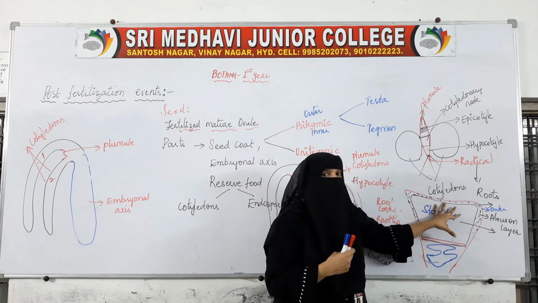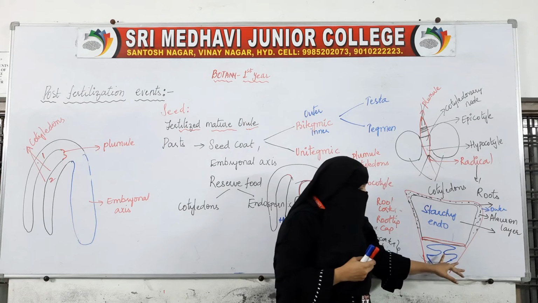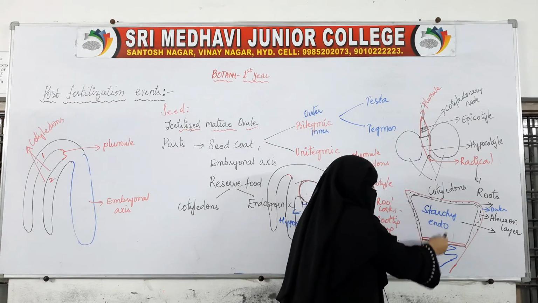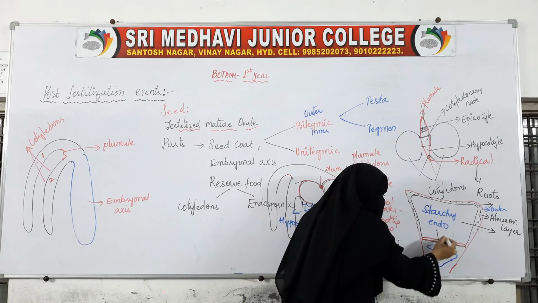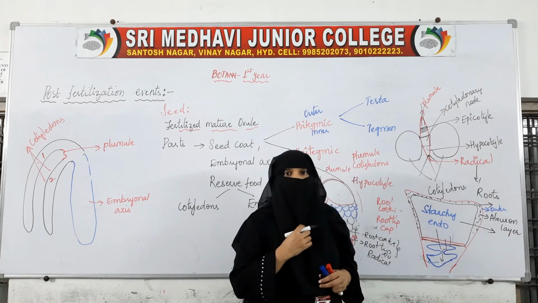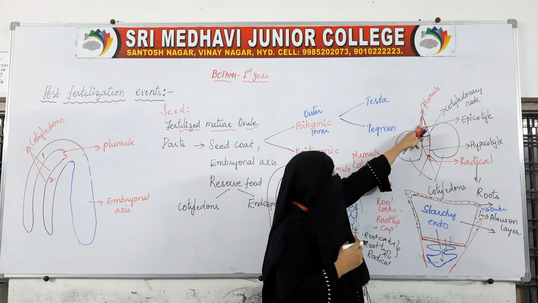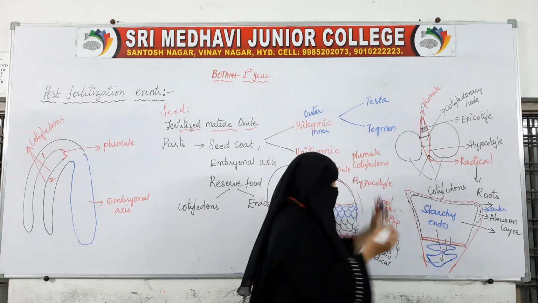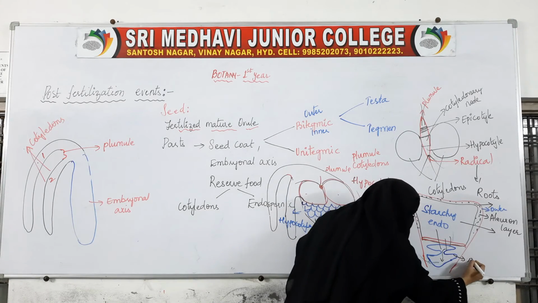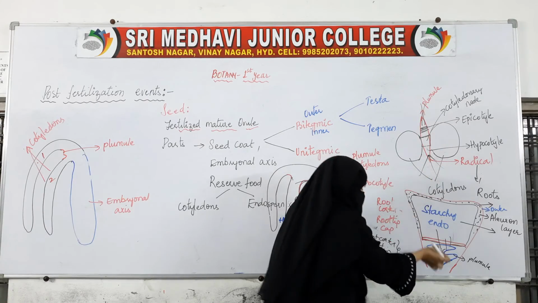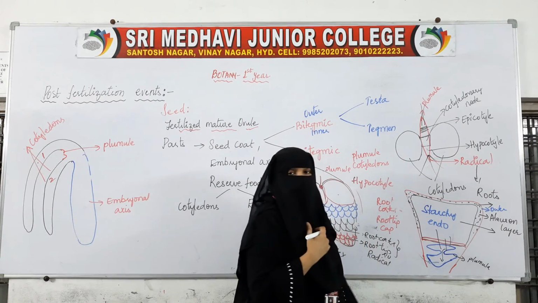It is having endosperm. So when this embryo needs nutrition, the endosperm is digested and goes to the cotyledon, and from the cotyledon it goes to the embryo. Here this part is the plumule, because this is the embryonal axis in dicots and this is the embryonal axis in monocots.